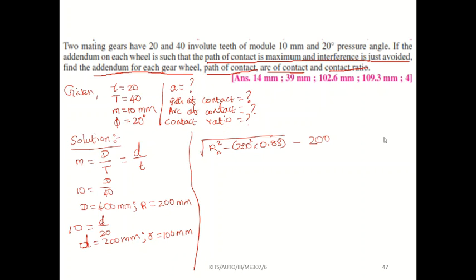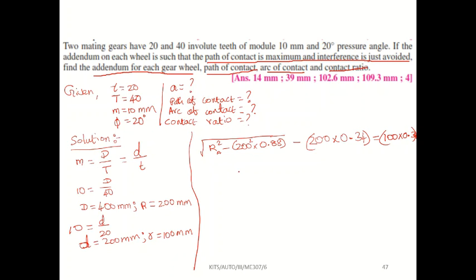Sin 20 value you have to find. Sin 20 is, I think, 0.44... 0.34, sorry, 0.34. That will be equal to small r, 100 into sin phi, 0.34. Okay.